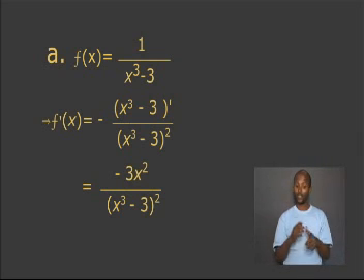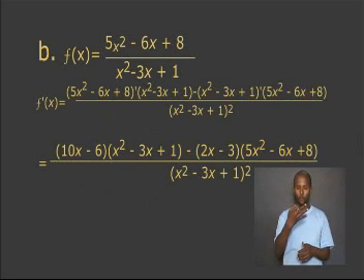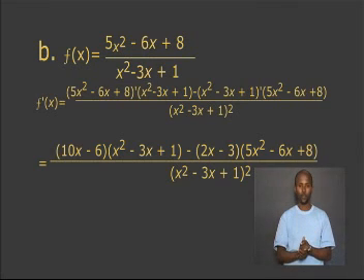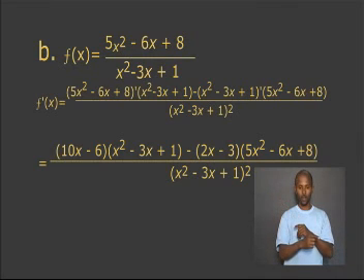The second question is a bit more difficult. F prime of x equals the derivative of the numerator times the denominator minus the derivative of the denominator times the numerator, over the denominator squared.